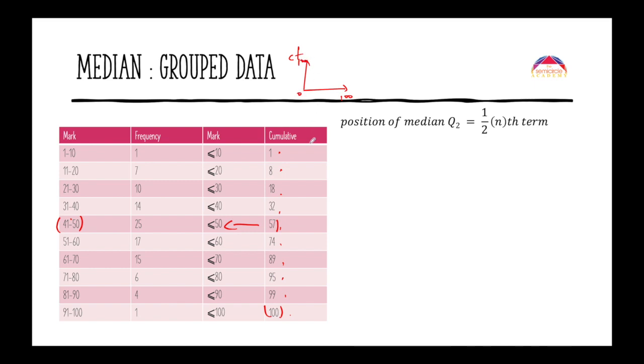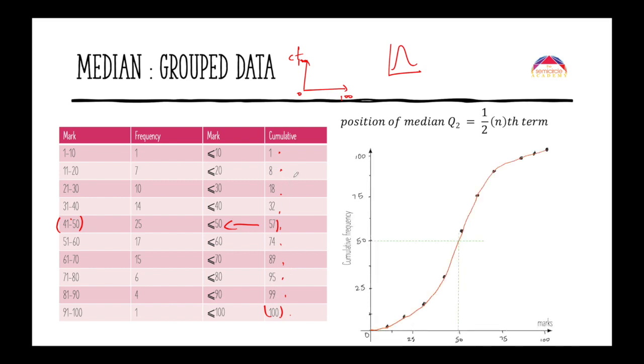And we'll have 0 here. And so we draw our cumulative frequency curve. It's not going to come out like a normal frequency distribution, like the normal curve like this. This is a cumulative frequency curve. So there is a difference, right? Don't mix them up. So the cumulative frequency curve would end up looking something like this.